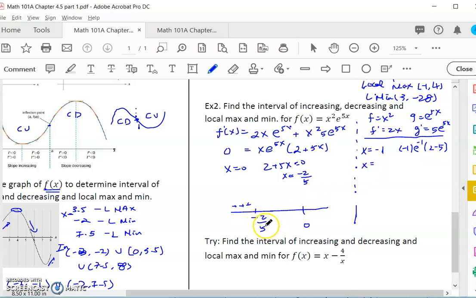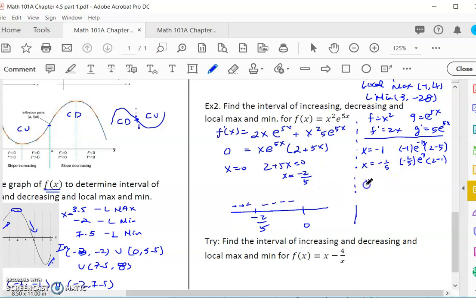Negative 2 over 5, that's really hard, but let's say negative 1 over 5, which is still negative. e to the negative 1, and the e term is always positive, so it doesn't matter. And then you have 2 plus 5 times negative 1 over 5, which is 2 minus 1. This is positive, and this is negative, so I have a negative number. I guess you can use decimals to do it.